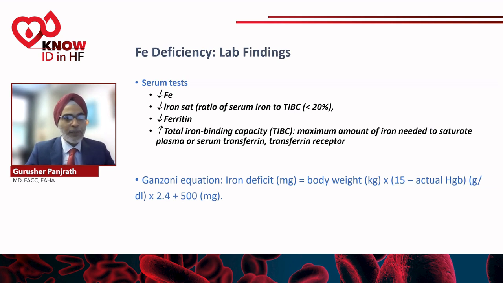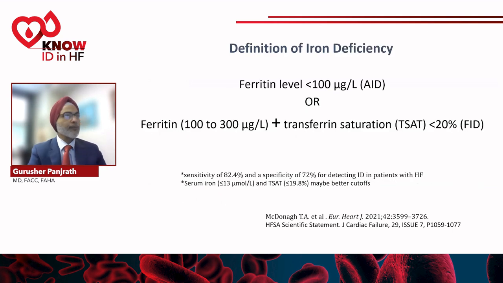Once iron deficiency in heart failure has been diagnosed, you really need to calculate the total iron deficit using the Ganzoni equation, which is going to help you guide treatment beyond the clinical trial definitions.